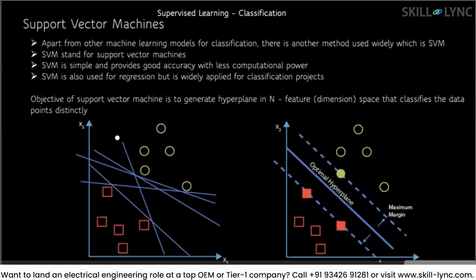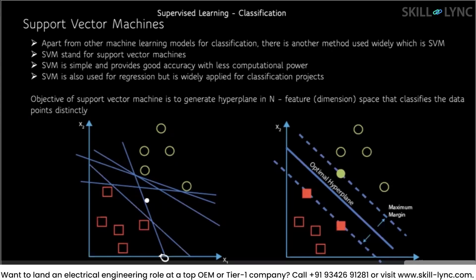For example, this line which is segregating these two classes tells that if x1 is less than this point, I'm just trying to give you one example, okay? So don't consider it that way, but the whole point I'm trying to explain here is that there are different lines which can separate these two classes, right? There can be an infinite number of lines which can separate these two classes.